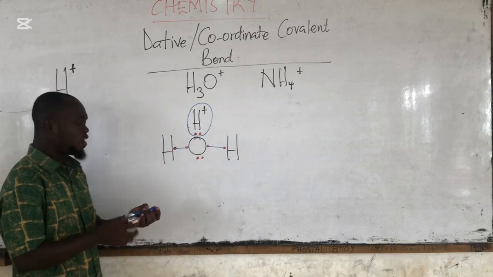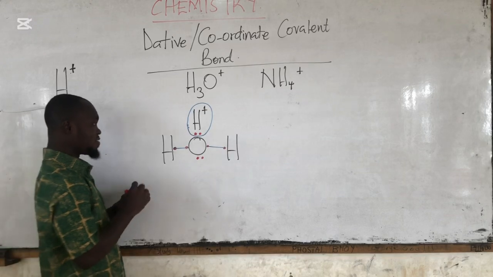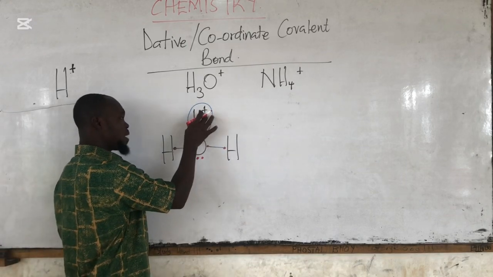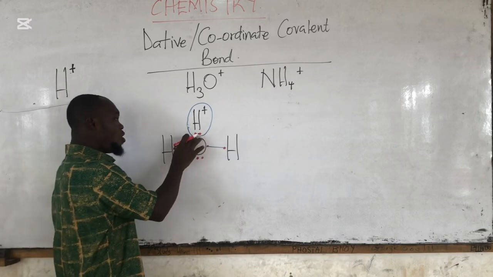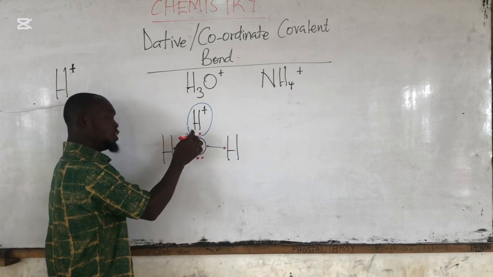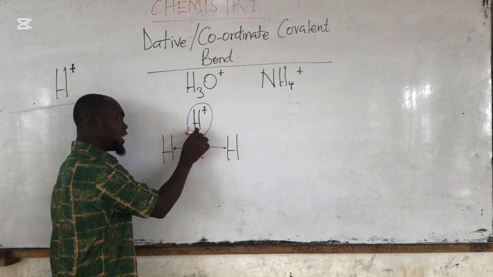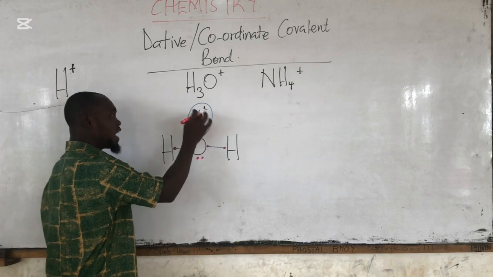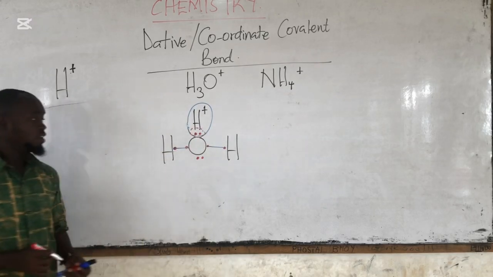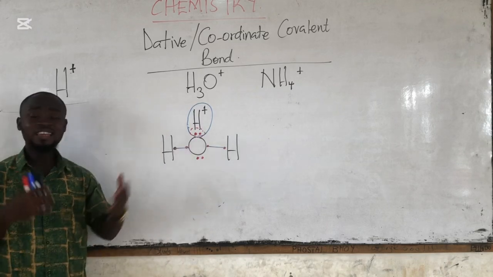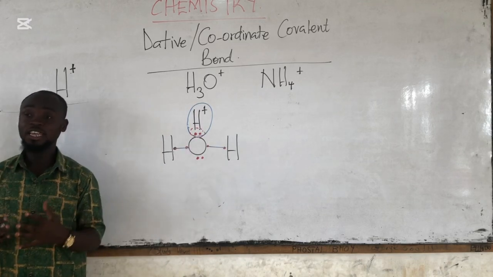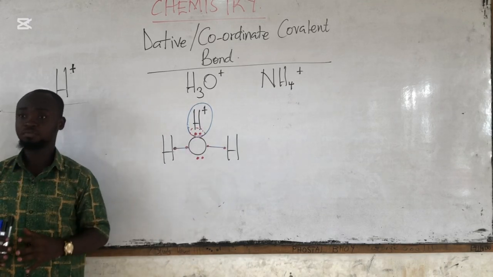The type of covalent bond that occurs here, between the H+ without donating any electron and the oxygen atom in water donating this lone pair to be shared, is what we call the dative or coordinate covalent bond.